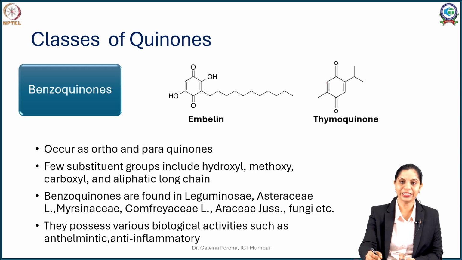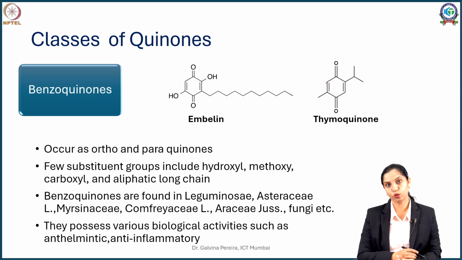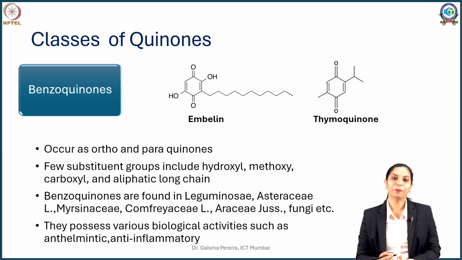Orthoquinones means the second ketone will occur at the ortho position. But compared to paraquinones, orthoquinones are thought to be comparatively unstable, and their occurrence is very rare as far as the plant kingdom is concerned. So you will find the majority of the benzoquinones being paraquinones, that is 1,4 quinones.